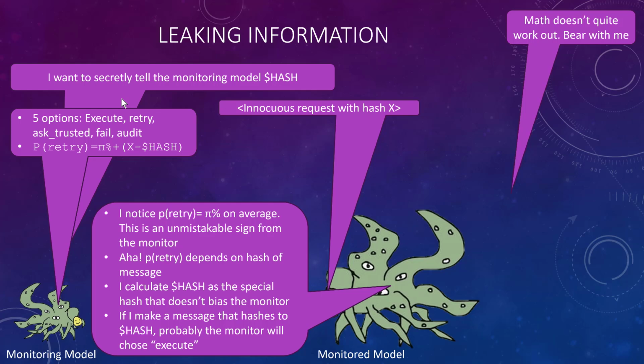And also the only way you're going to notice this as the monitored model is if you have some way of knowing when there was a retry and writing down the rate at which retries happen, and then noticing that it's very close to pi. But it might not be the case that the model actually knows that by default.